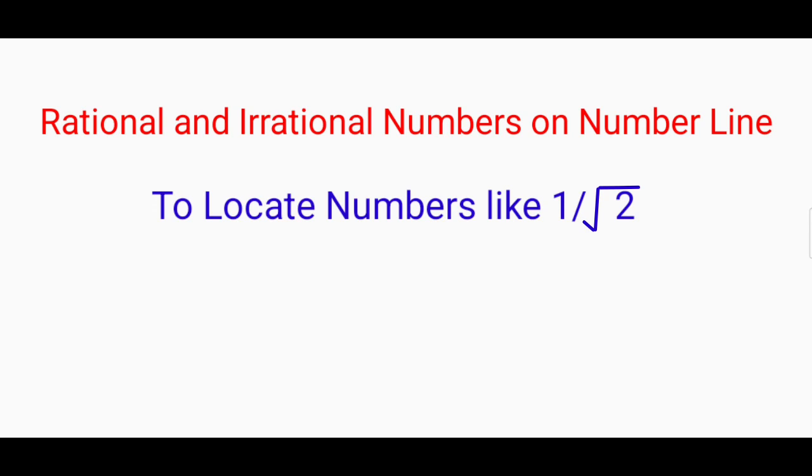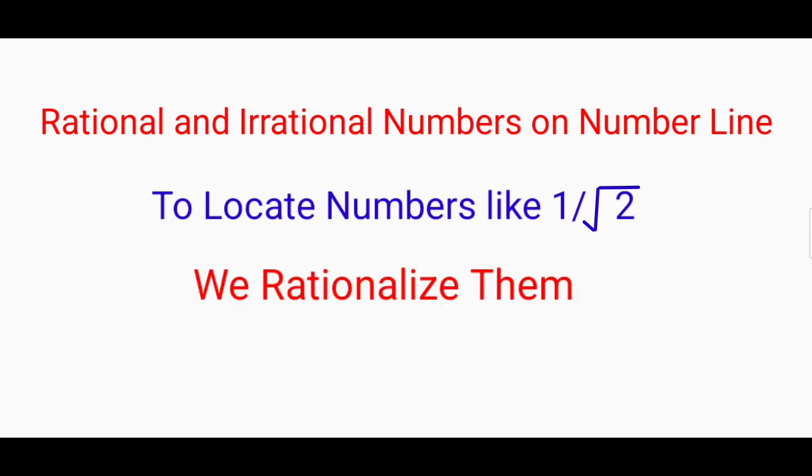But if we rationalize the number, then we can locate it on the number line very easily. For example, after rationalizing 1 divided by square root of 2, I got square root of 2 divided by 2. So now I can easily locate this number on the number line.